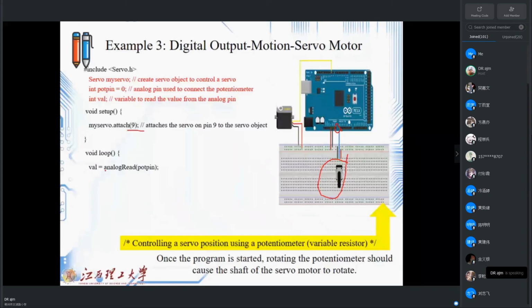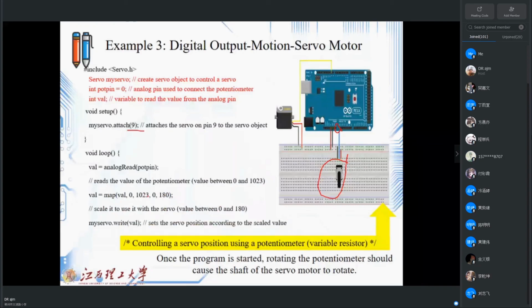The value of analog can be between 0 and 1023, but what I chose is between 0 and 180. Very simple: I will map this range, change the numbers, and just load it.